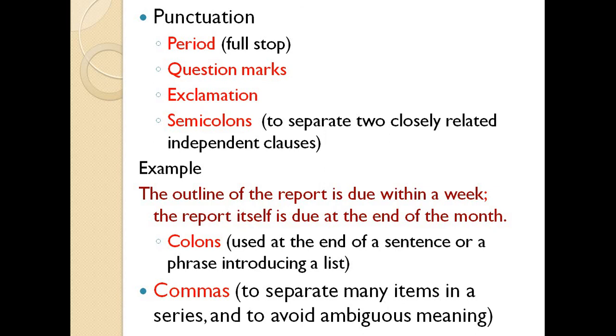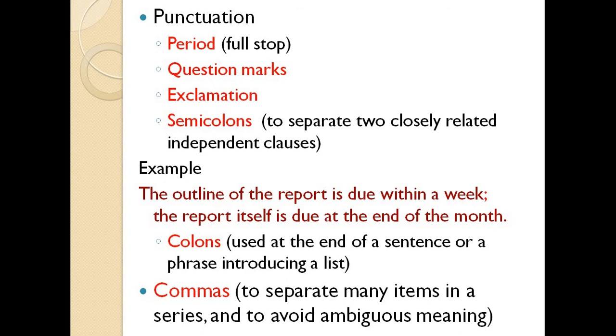We have also learned how to use period, that is a full stop, question marks, exclamation. Semicolons are also to be used carefully because they separate two closely related independent clauses. As you can see from the example, there is a part of the sentence before the semicolon and a part after the semicolon, and each of these sentences is independent by itself.